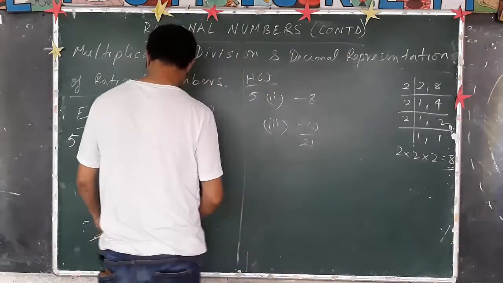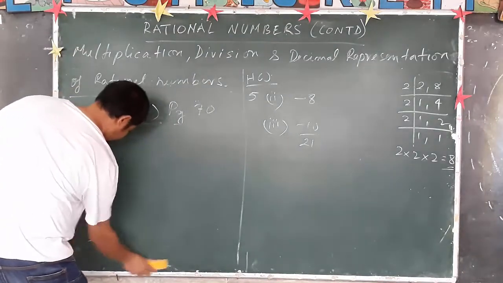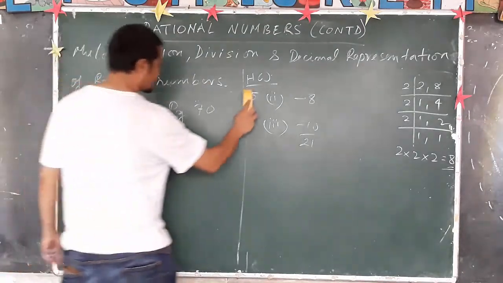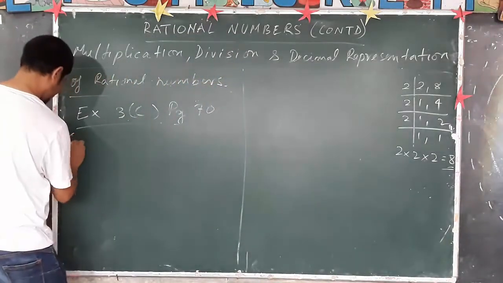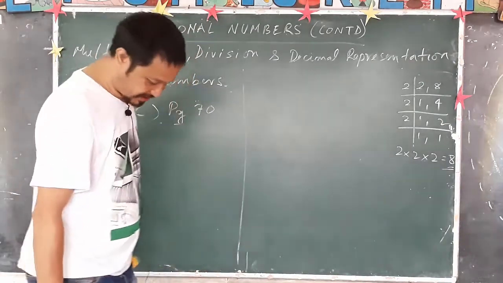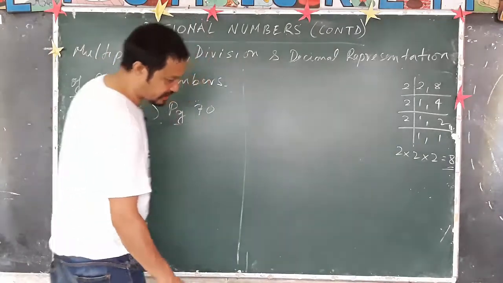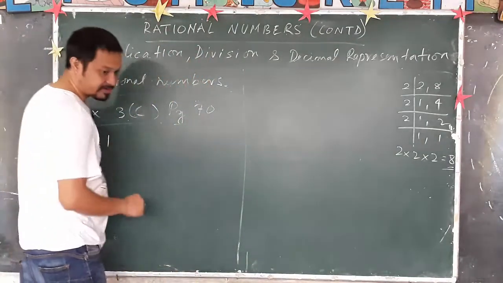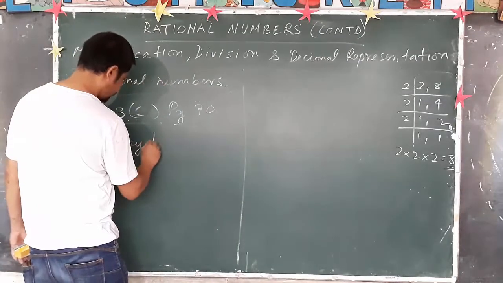Okay, so we move on to number 6. Number 6 states division of rational numbers. It says divide 1 by 8.